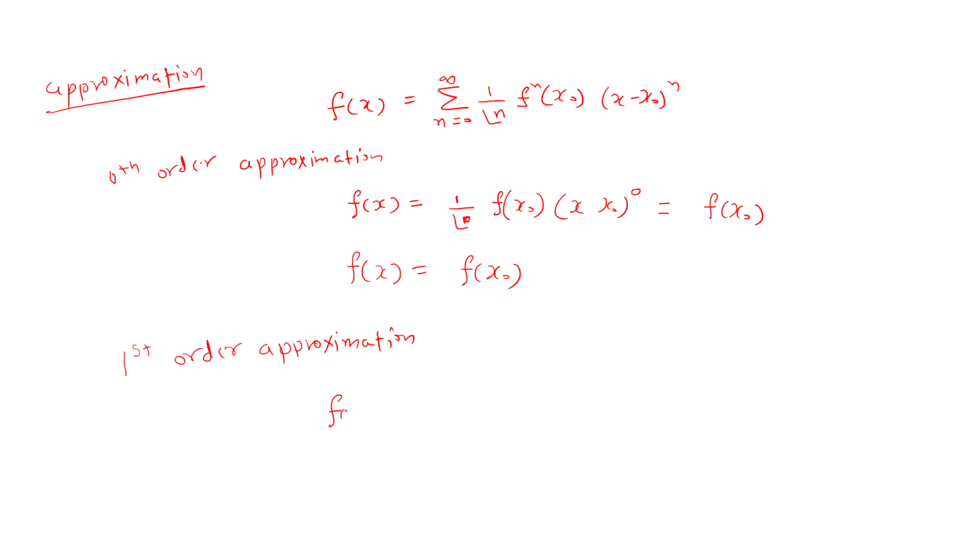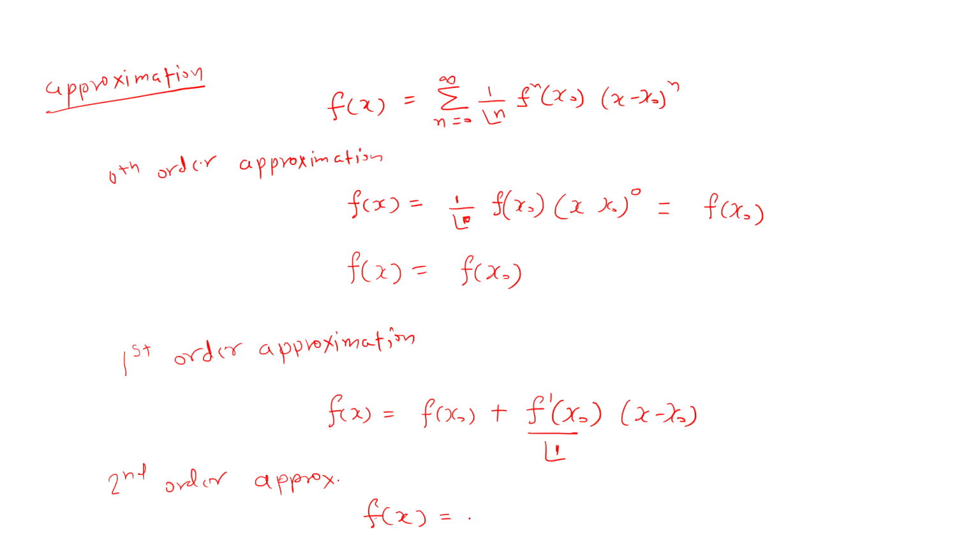If I write down the first order approximation, that will be f of x is equal to, I will take two terms of that series, f of x naught plus f prime x naught, x minus x naught upon factorial 1. If I take the second order approximation, that will be f of x naught plus f prime x naught upon factorial 1, x minus x naught, plus f double prime x naught upon factorial 2, x minus x naught to the power 2.